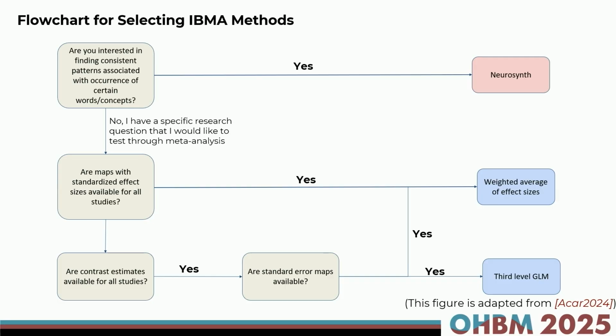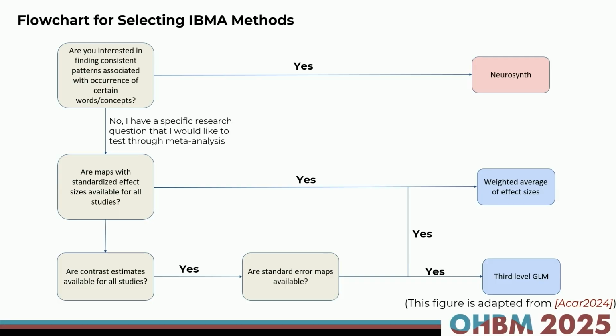If the answer is yes, we can move to NeuroSynth. And we can also look into whether the maps with standardized effect size are available for all studies. If yes, we can move to weighted average of effect sizes.